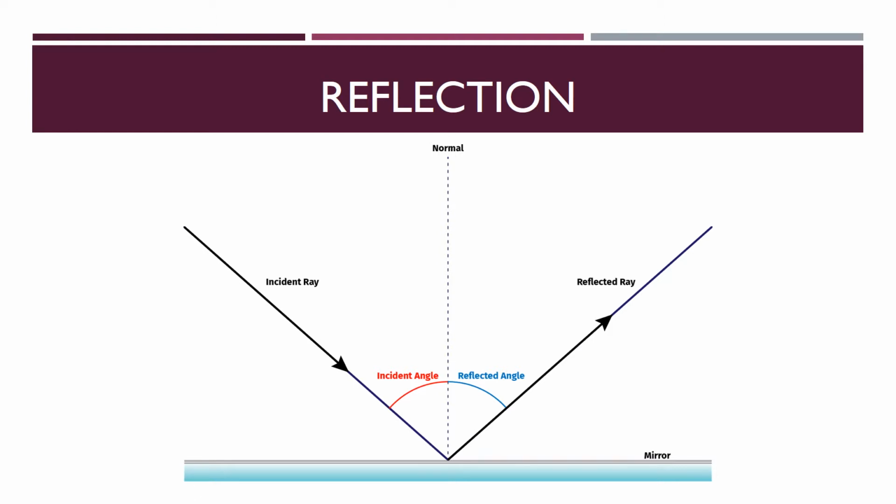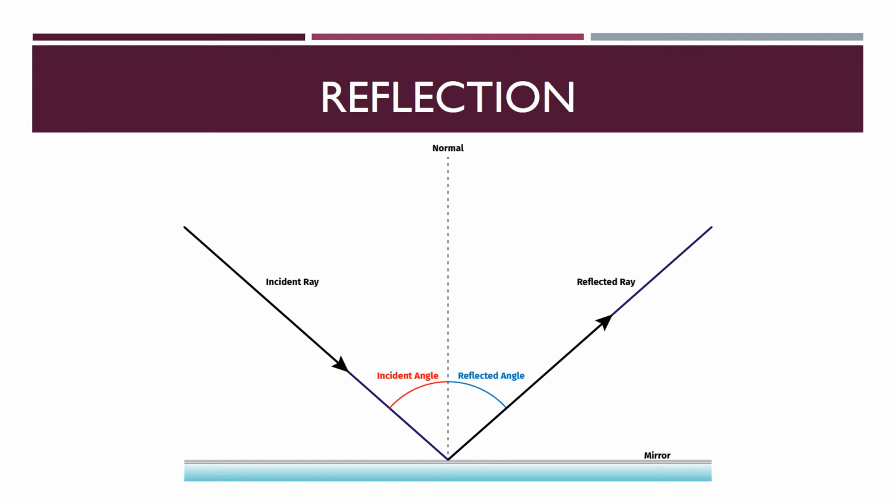The normal line is a line that is perpendicular to the surface. In this example, the surface is the mirror. In physics, when you encounter the word normal, that means perpendicular. So in this case, the normal line is a line that is perpendicular to the surface.